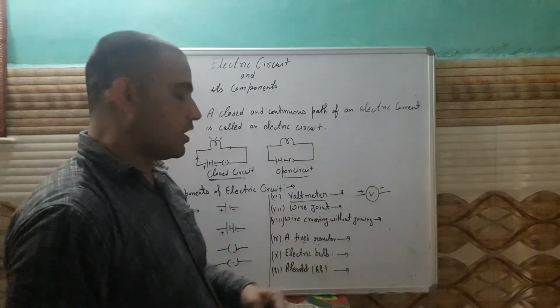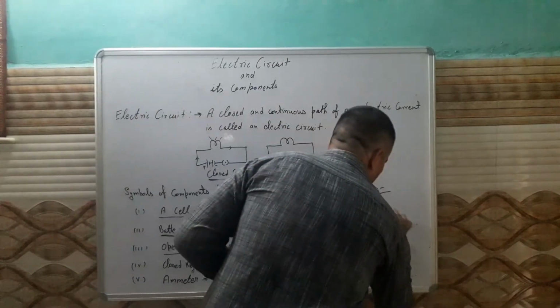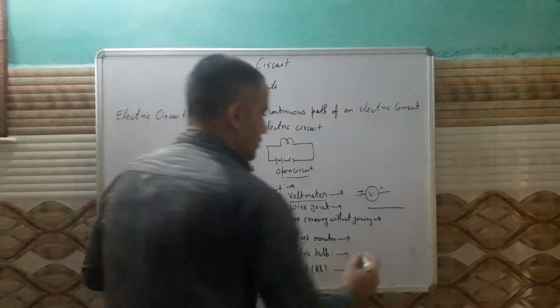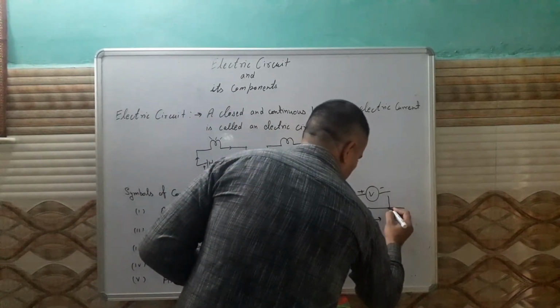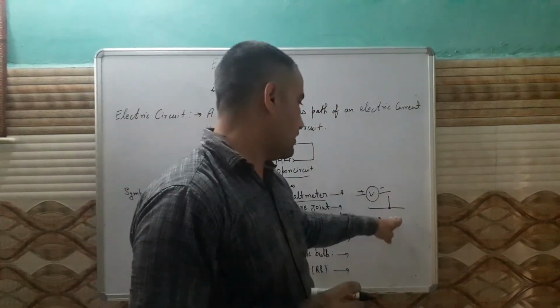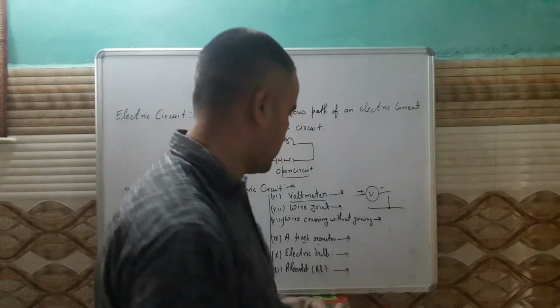Now, wire and wire joint: how can we represent a wire and a wire joint? A wire is represented by a single line. If we are joining two wires, we make another line, that is another wire, and they are joined at this point without insulation.